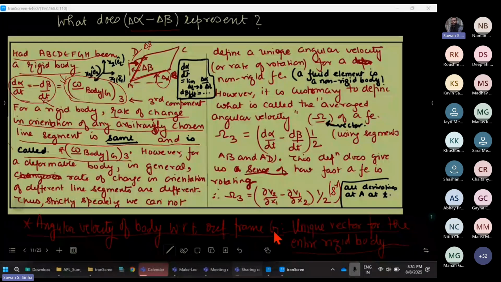That's what would happen in this case also. So for a rigid body, delta beta would have always been equal to minus delta alpha.